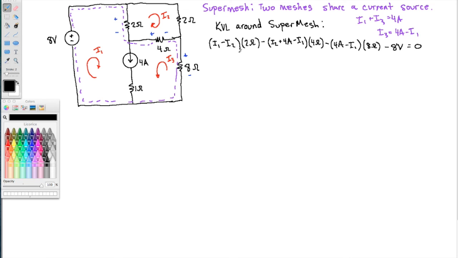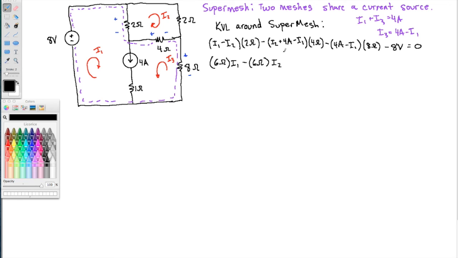Alright, so my unknowns are I1 and I2. Let me get the I1s together. I've got 2, minus 4, so that makes minus 2, and 8, so that's 6 ohms times I1. For I2 I've got a minus 2 and a minus 4, so that makes minus 6 ohms I2.